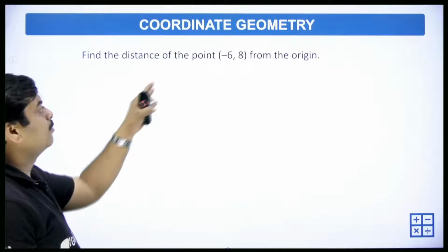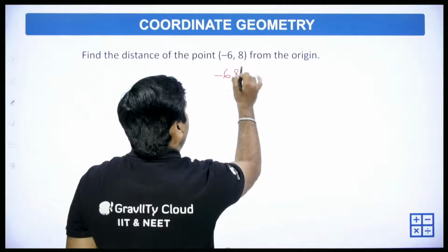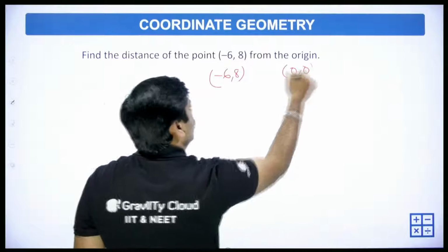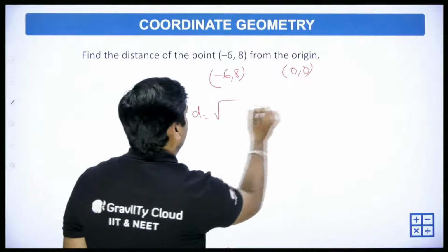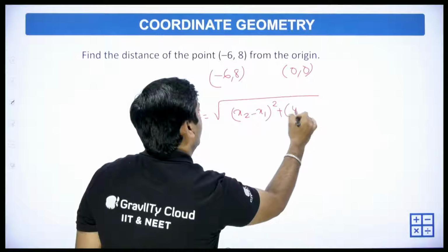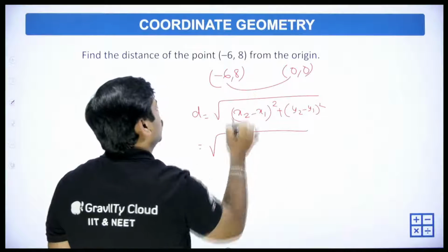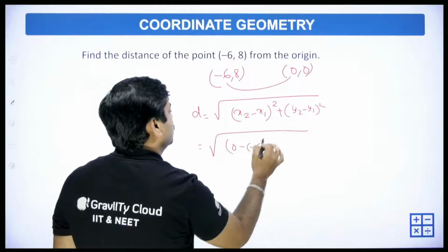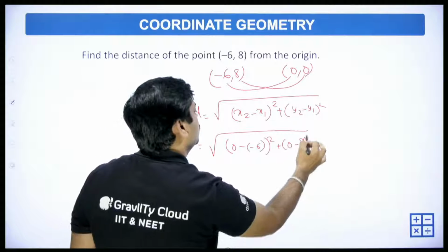Find the distance of the point minus 6, 8 from the origin, and the origin is 0, 0. How to find the distance? Root over x2 minus x1 whole square plus y2 minus y1 whole square. Root over 0 minus of minus 6 whole square plus 0 minus 8 whole square.